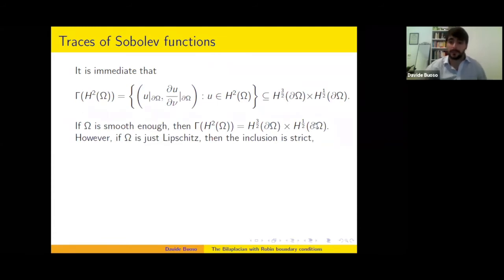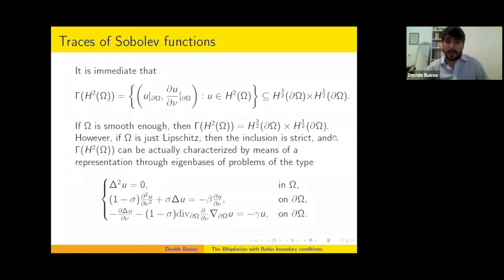There are actually counterexamples, and the full space of traces can be characterized using eigenfunctions of this type of Steklov problems, where now you fix one as a parameter and the other as an eigenvalue, and vice versa.